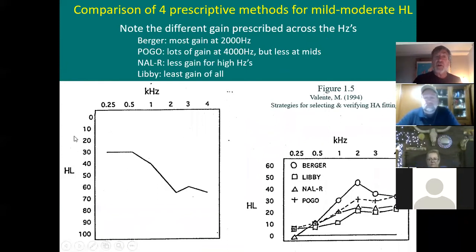So here you have a hearing loss on your left. And this is out of Michael Valente's book, way back in 1994. So the Berger target for this loss, look at this, lots at 1, lots at 2, lots at 3. So you can see that Berger is the powerhouse here. Then you're looking at POGO, which is the plus signs. And POGO likes a lot of high frequency gain, remember?